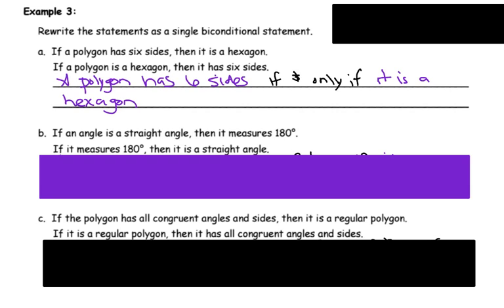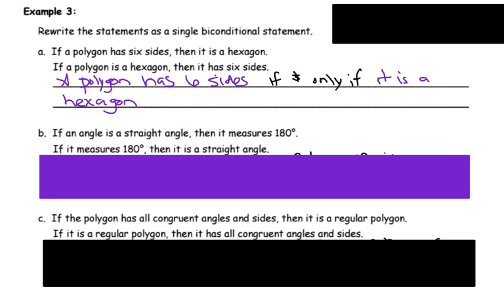All right, let's look at B. If an angle is a straight angle, then it measures 180 degrees. If it measures 180 degrees, then it is a straight angle. Notice the reason, hopefully you guys caught on, that the first statement is our conditional statement. The second one is the converse of it, because the conditional statement is true and the converse statement is also true.